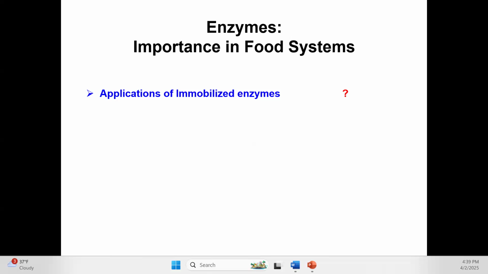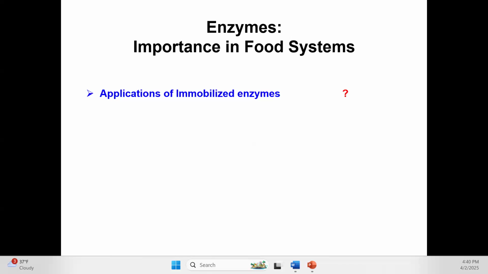What else? Very common. Oh, yes, very good. You can have your enzyme there if you are trying to purify inhibitors, for example. Okay. What else?